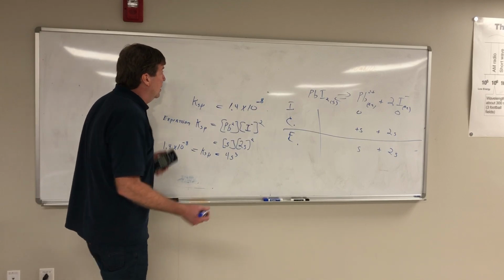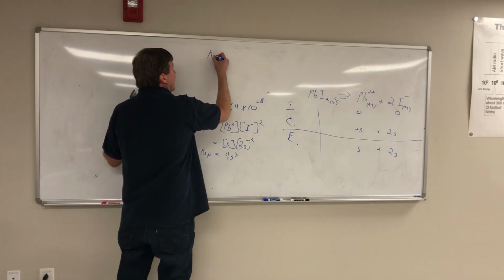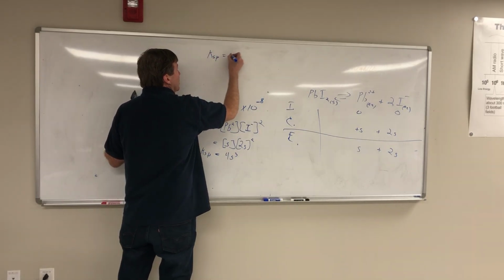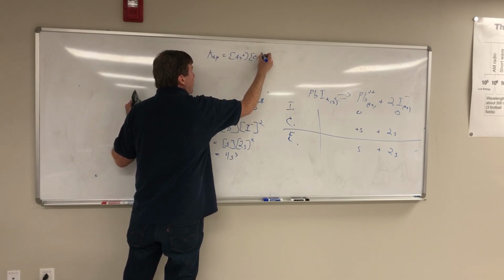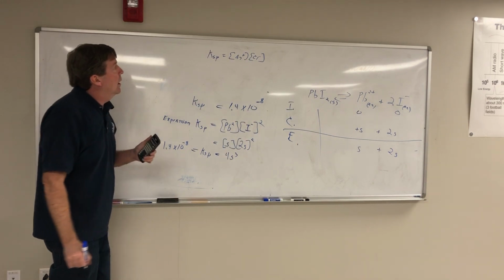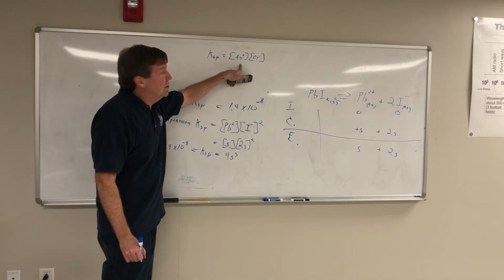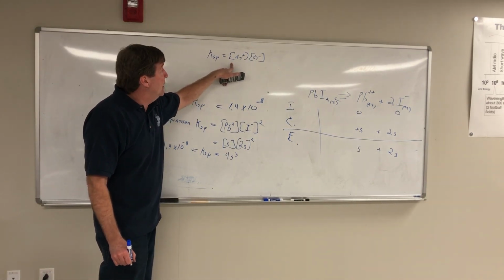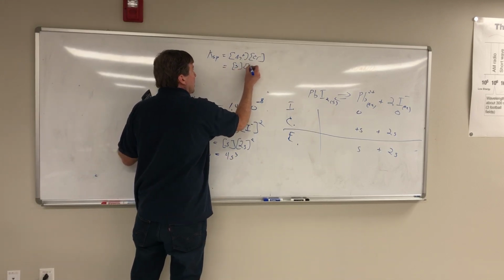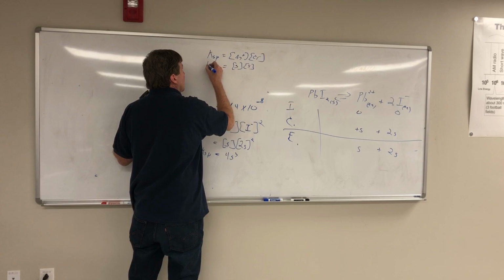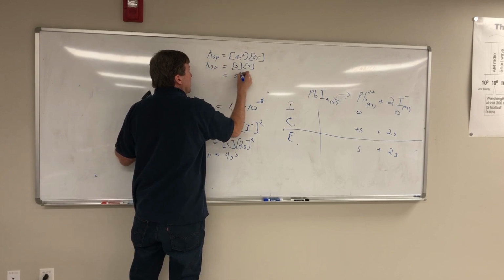For that matter, didn't we see KSP equals Ag positive Cl minus for silver chloride? That was the KSP expression. And didn't we see that this was S and that was S, and there's KSP, so that equals S squared.